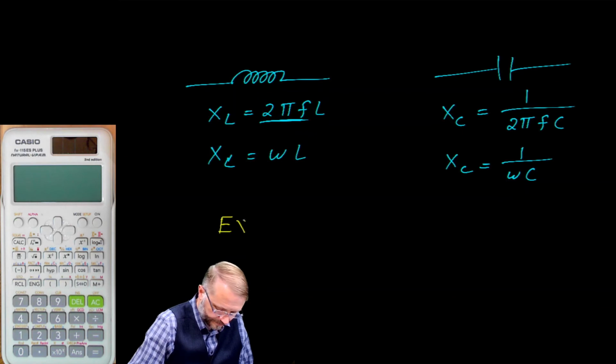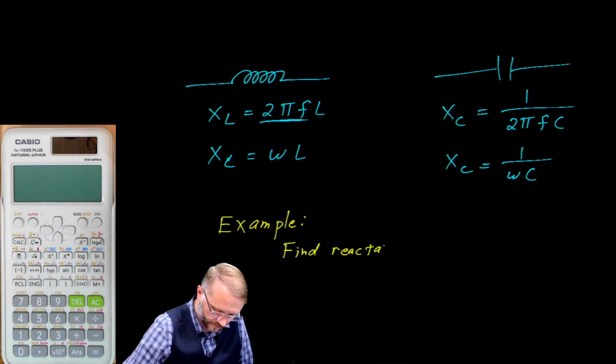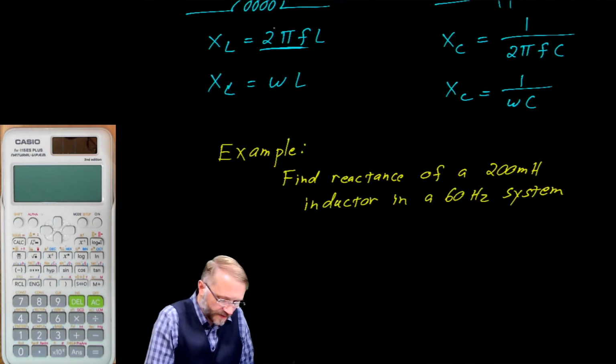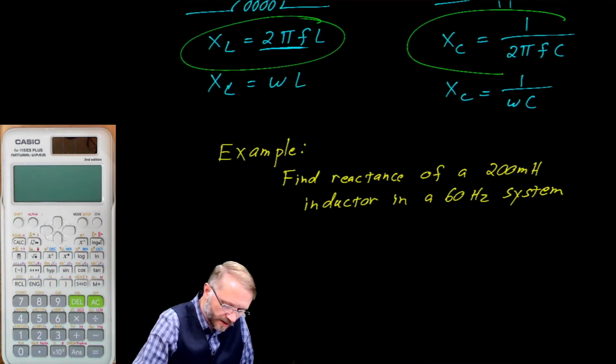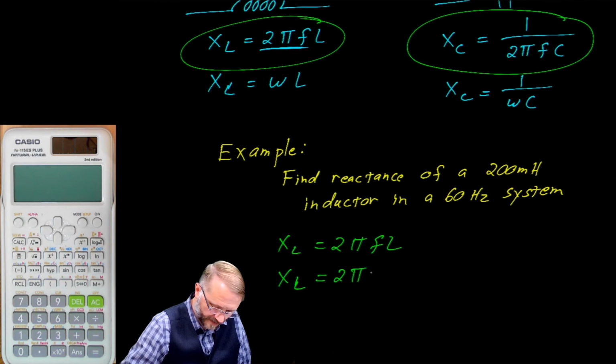As an example, find the reactance of a 200 millihenry inductor in a 60 hertz system. To do that, we look at our note card, which should already have these two formulas on it. Then we say the reactance of the inductor is equal to 2 pi FL, and we substitute in our values. 2 pi, the frequency is 60 hertz, and the inductance is 0.2 henries.